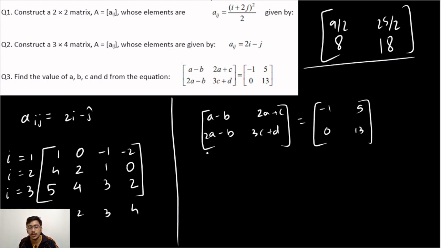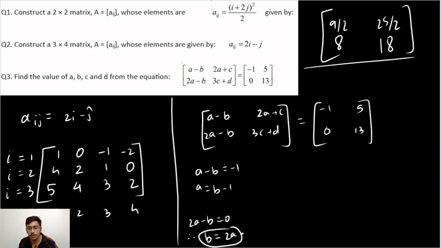So let's equate them. If A minus B is minus 1, then I could simply say that A is equal to B minus 1. Also, from equating the 2 comma 1 element, I'll get 2A minus B equals 0. So I'll get B is also equal to 2A.